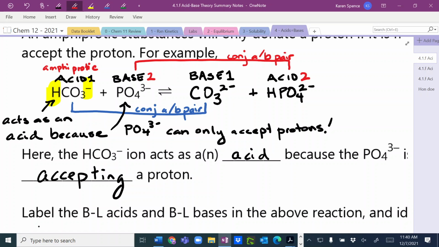The two members of a conjugate acid-base pair, where are they relative to that reaction arrow? The two members of the conjugate acid-base pair are always where relative to the arrow and relative to each other? They're always on opposite sides. Yes?